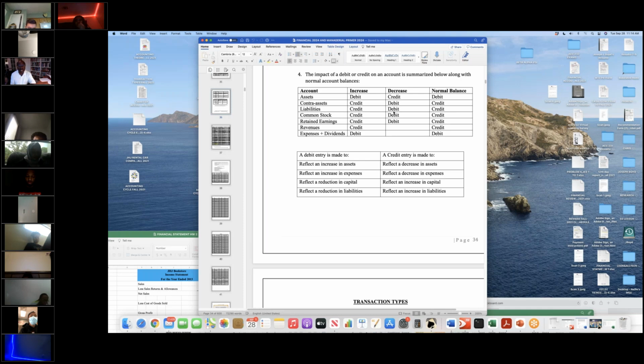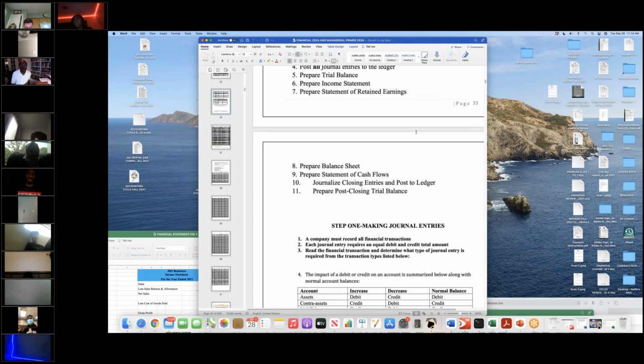When we debit them, they go down, and the normal balance is a credit. Common stock is working the same way. Retained earnings, our new account. If retained earnings has a credit balance, the company is doing well. If it has a debit balance, the company is not doing well. So you always want to keep that in mind.